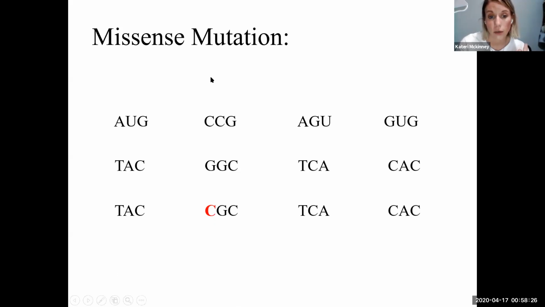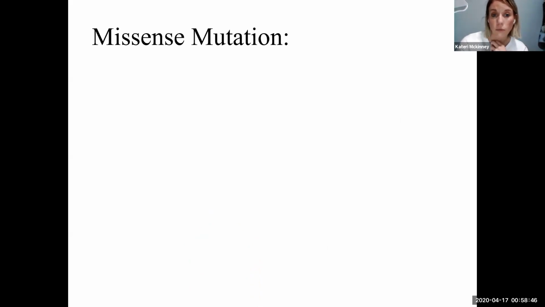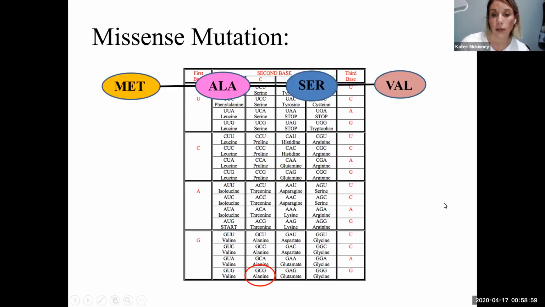This one was AUG, this was going to form GGC, and this one actually we swapped out for a C. So we're going to form AUG, GCG instead. So it's going to be GCG instead of what it should be, which is CGC. So what happens? We go here, and instead of coding for proline, now it codes for alanine. Let's see what happens. So now it's that instead of proline.